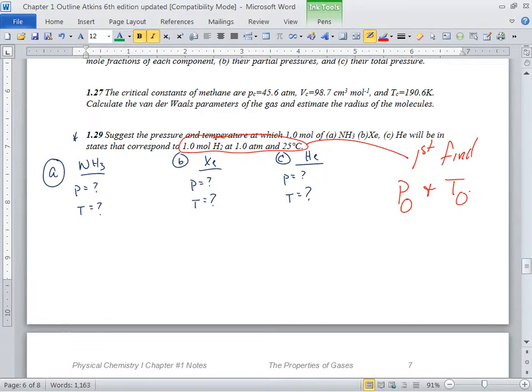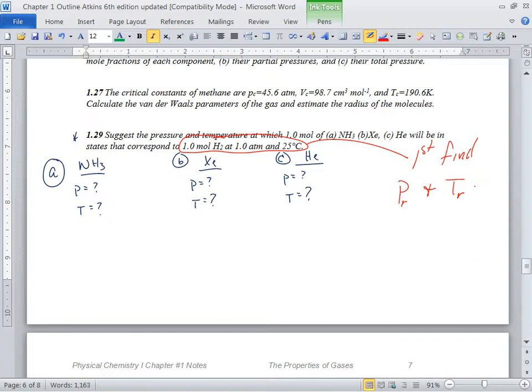They want you to find the reduced values. Because if they're in the same state, they have to be in the same PR and TR, the little subscripts. They have to be the same PR and TR that I'm driving at. You calculate this PR and TR.